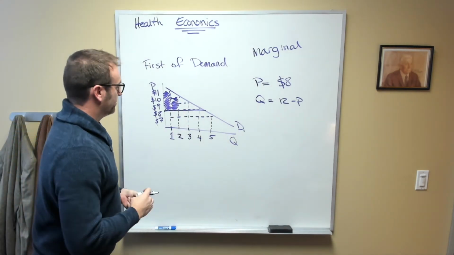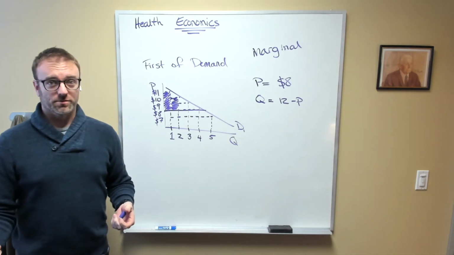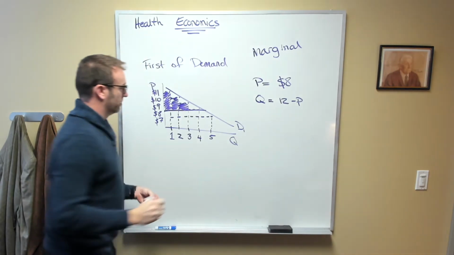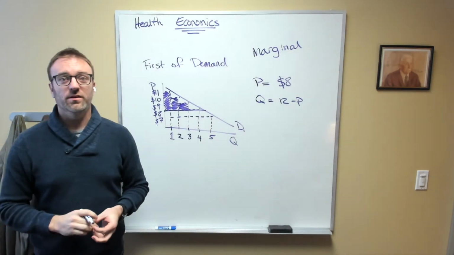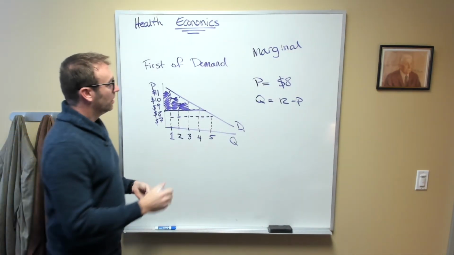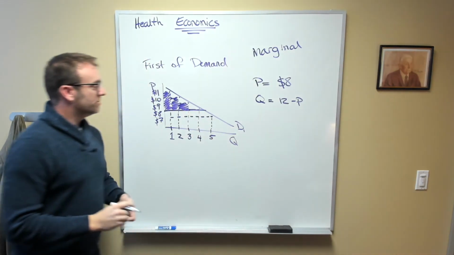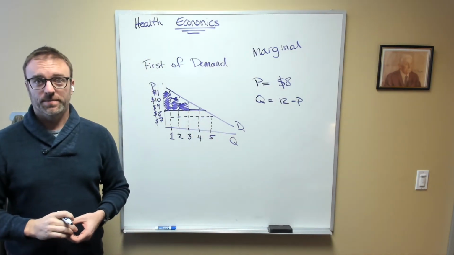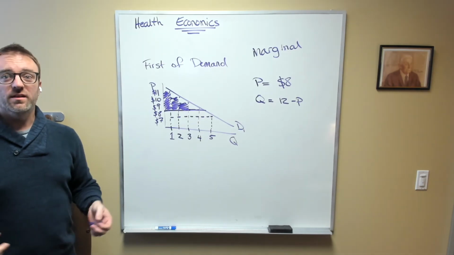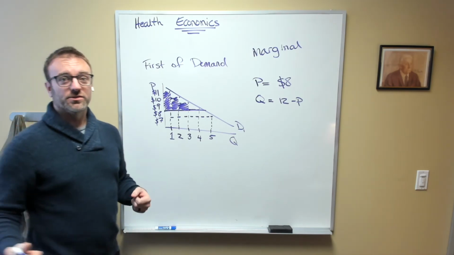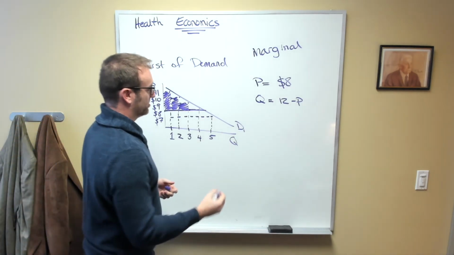The third pizza was worth $9 to you, and it only cost you 8, and so you got $1 of additional value. The fourth pizza was worth $8 to you and cost you $8, so you didn't get any additional value. All told, by eating the pizza, you are actually wealthier in a very real sense by a total of $6.